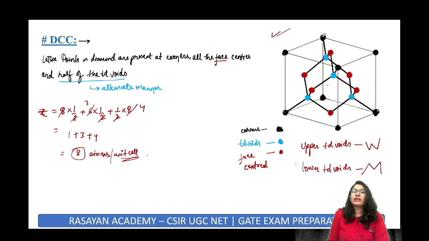So you see, यहाँ से consider करो, go down over here, then at this face center, then again tetrahedral void, then at this corner. ये W बना रहा है ना? And then go down this corner, tetrahedral void, face center, tetrahedral void, corner. It is making an M like this. So this is one method of correctly drawing. Just a confirmation कि हमने सही बनाया है. Okay, for the voids.